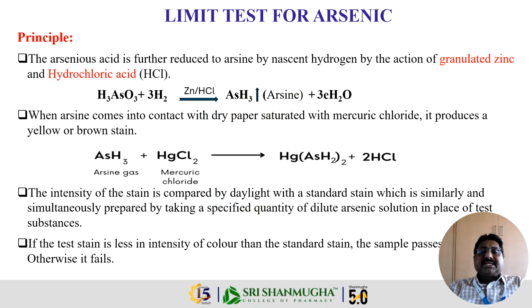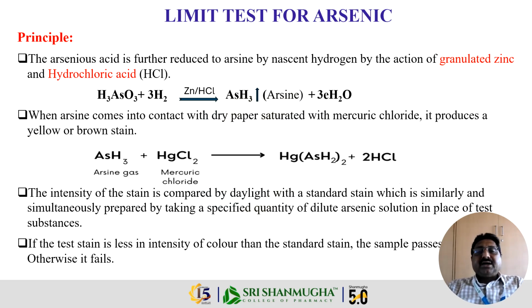Arsenic gas is very important in this test because it reacts with mercuric chloride paper. When arsenic gas comes in contact with mercuric chloride paper, it produces a yellow or brown stain.